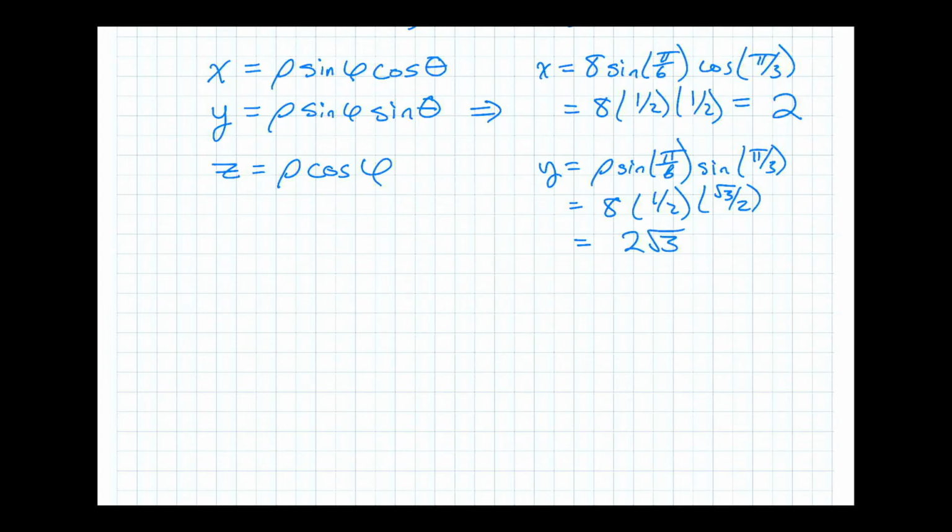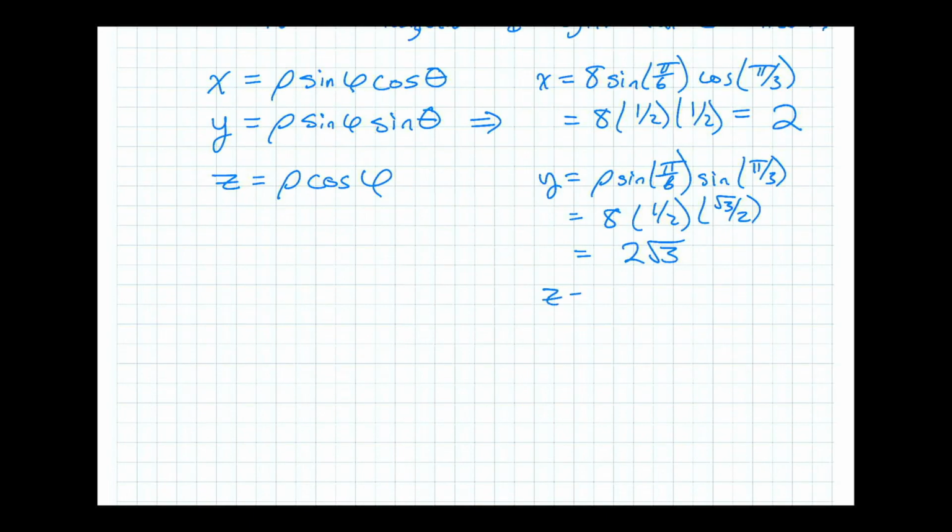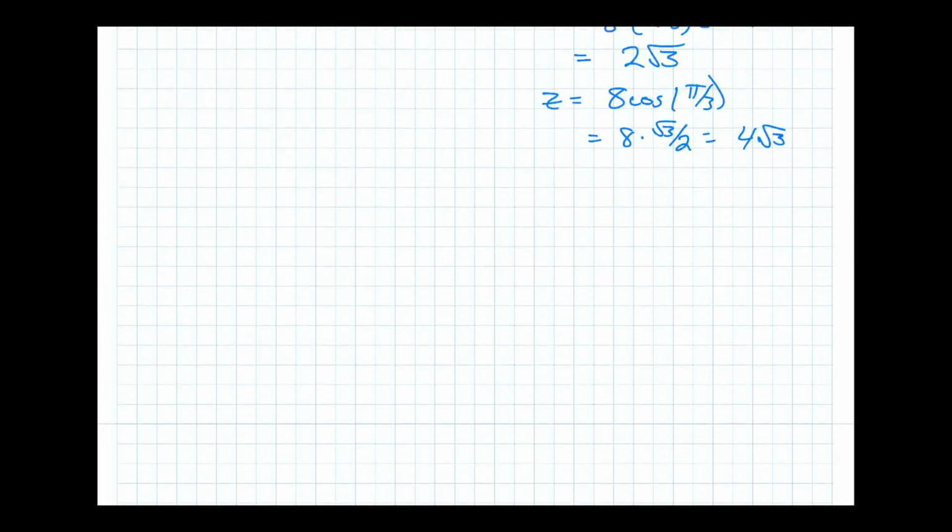And then lastly, for z, you've got rho, which is 8, and then cosine of phi. Phi was pi over 3. So you have 8 times square root 3 over 2, I believe, and you end up with 4 square root 3.